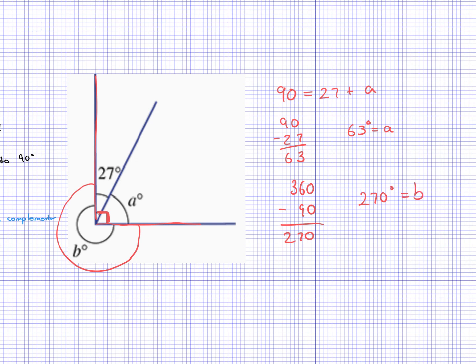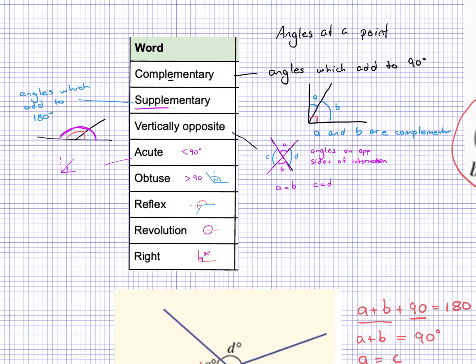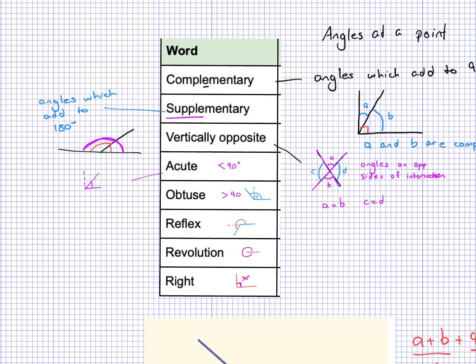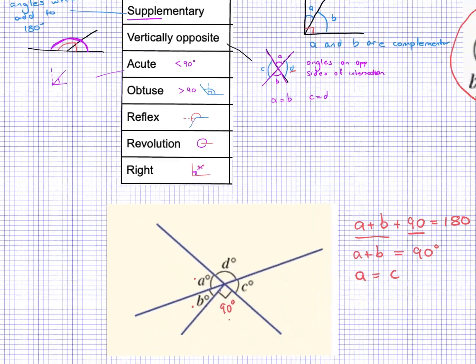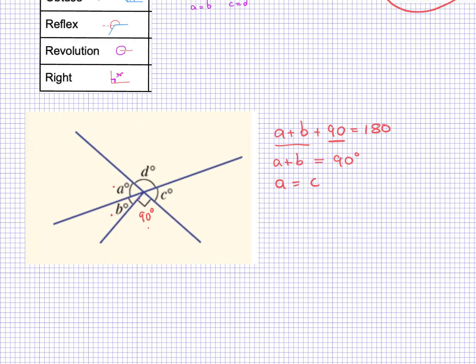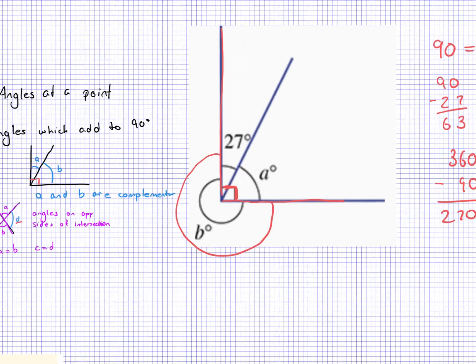We're using each of these properties at a point to calculate what the missing angles are. The missing angles are given by letters. I know that's not the nice way of naming things in geometry, but that's what we're going to do in this case.